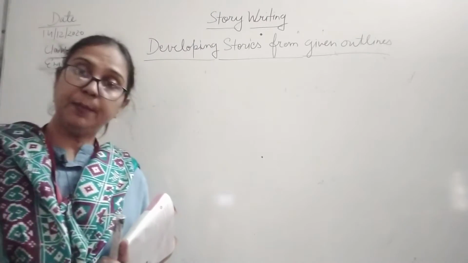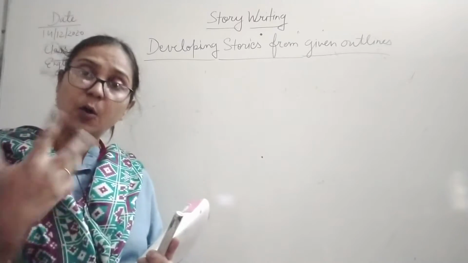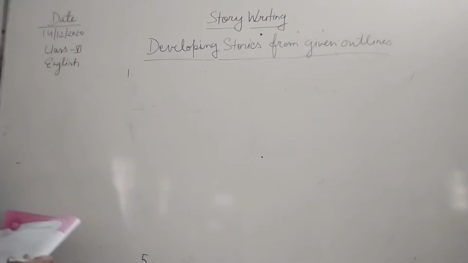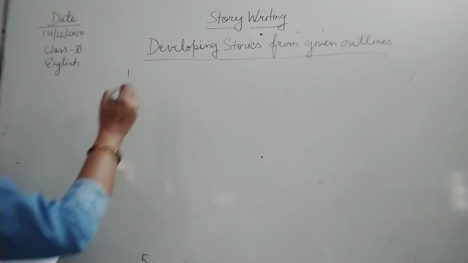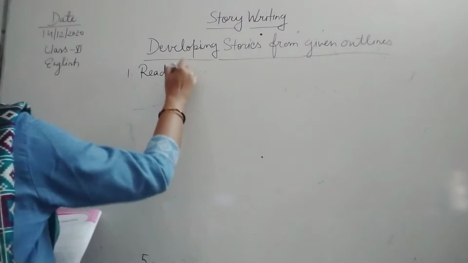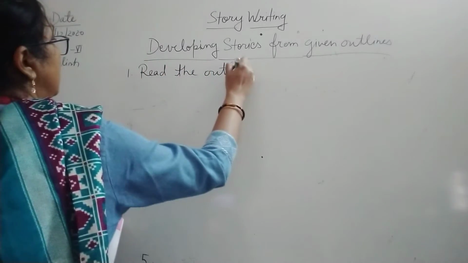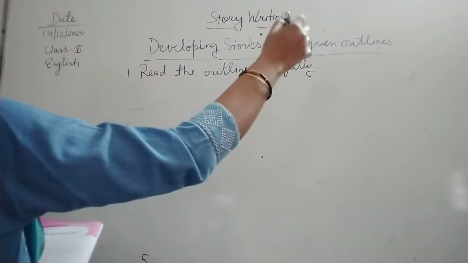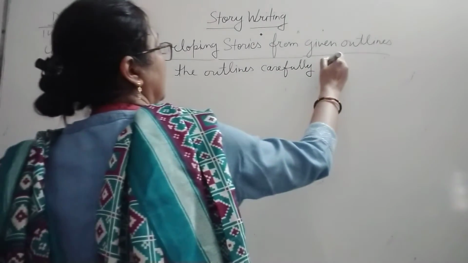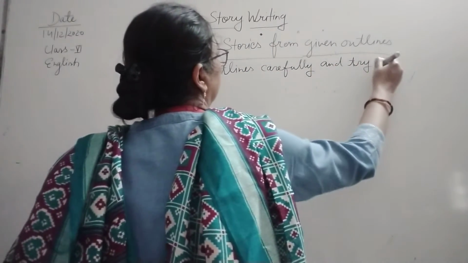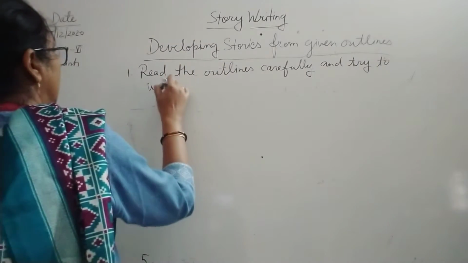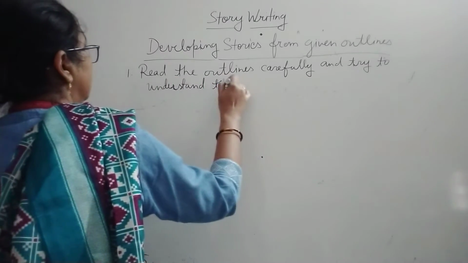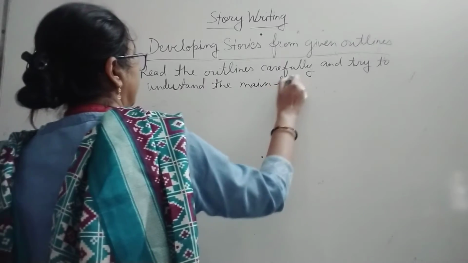If you are developing a story from given outlines, how are we going to develop it? First of all, the first thing which is very important to develop a story: read the outlines carefully and try to understand the main plot.